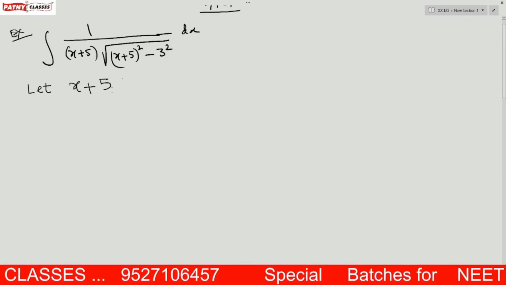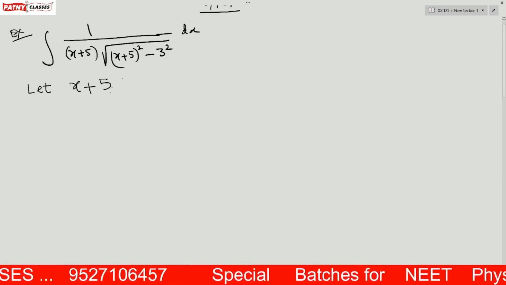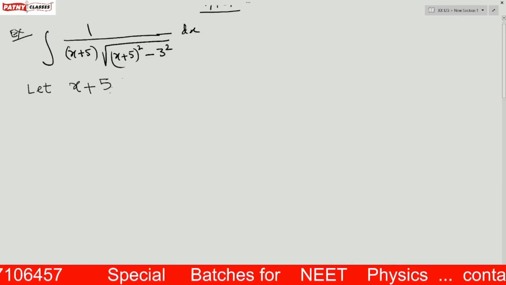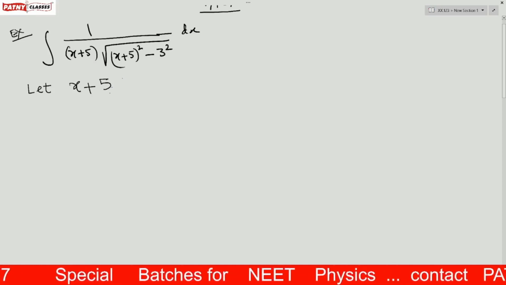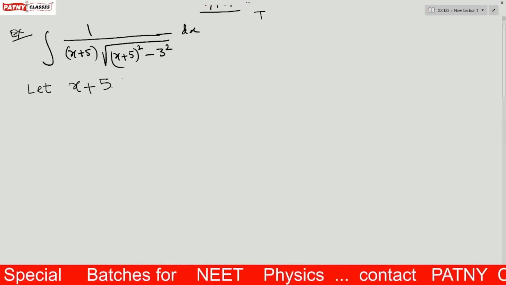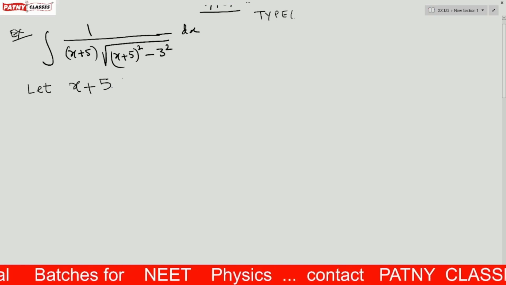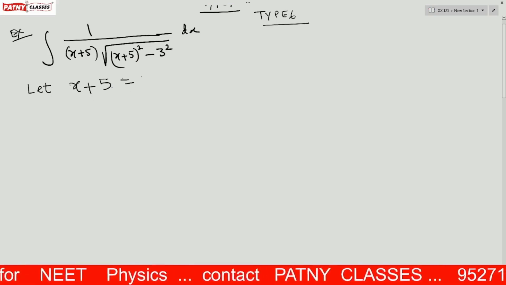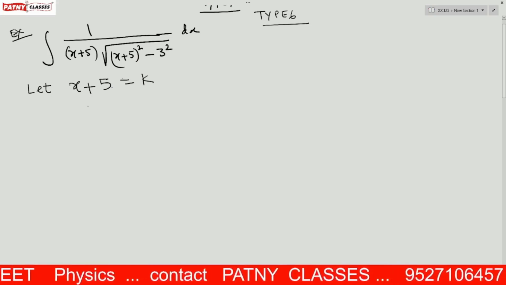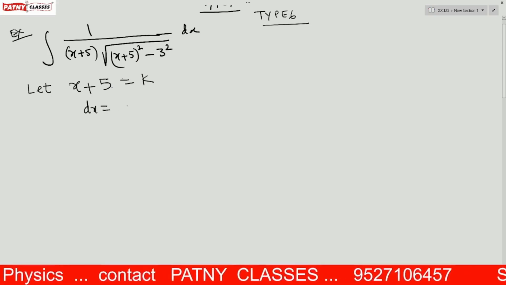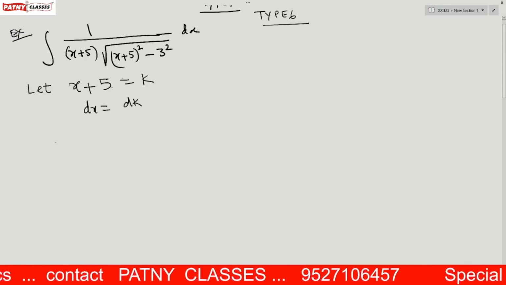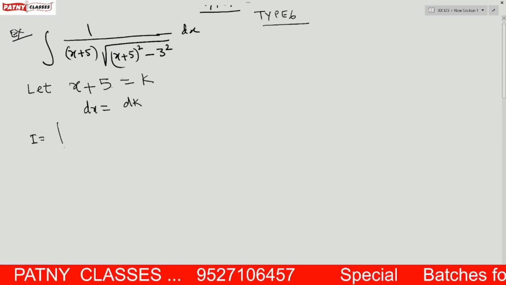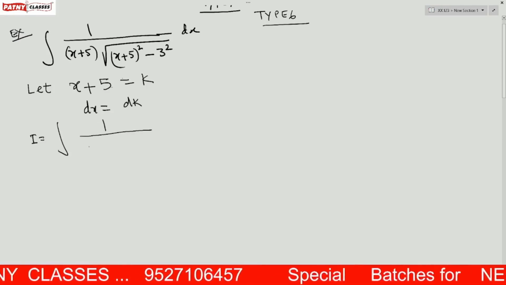Consider another example: find integration of 1 upon x plus 5 under root of x plus 5 whole square minus 3 square with respect to x. To make it in the standard form, I say x plus 5 equals k and dx equals dk, and it gets converted to the standard form.